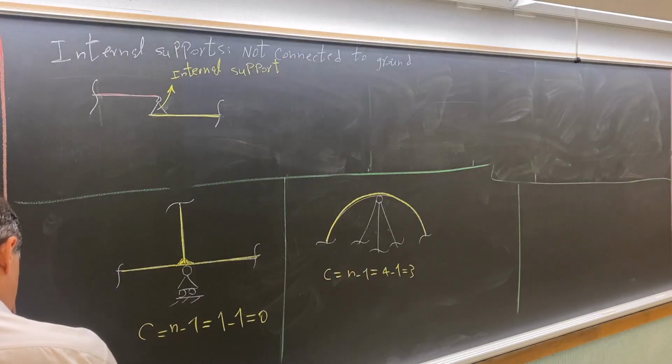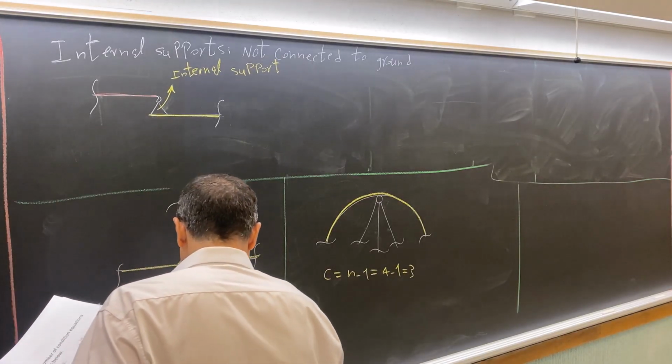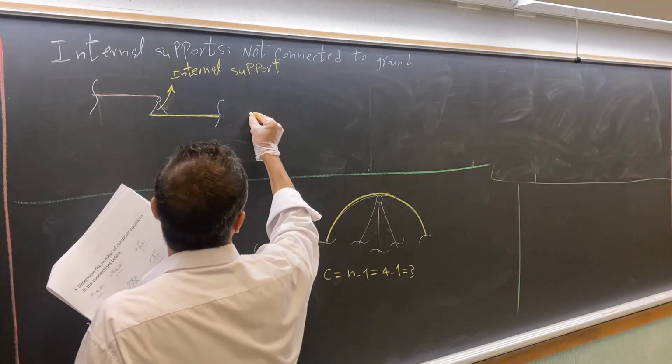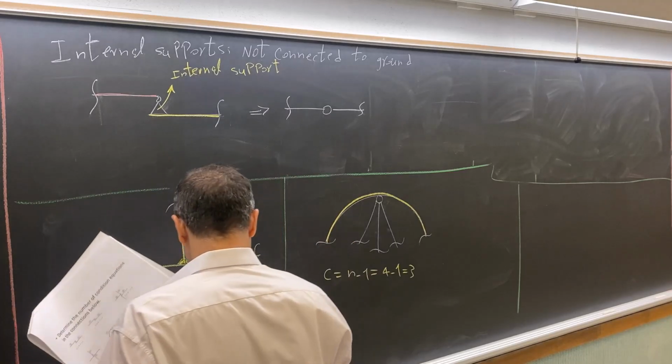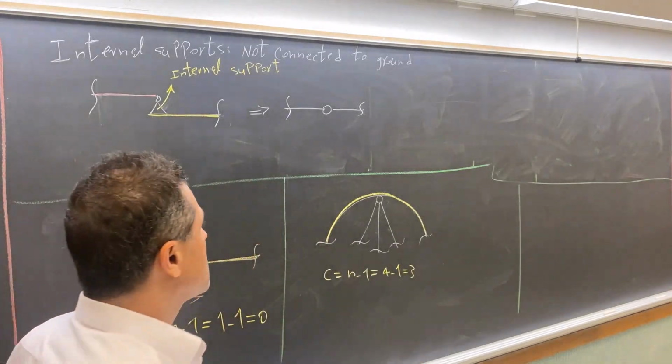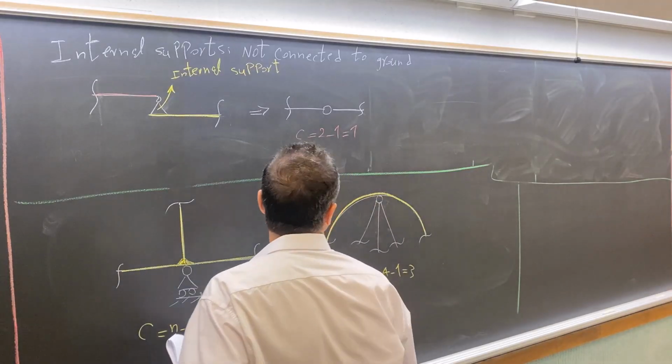In this way, you just treat this internal pin support like an internal pin. It means that we can redraw this in this way. There is an internal pin. That's it. And then the number of condition equation is 2 minus 1, which is 1.